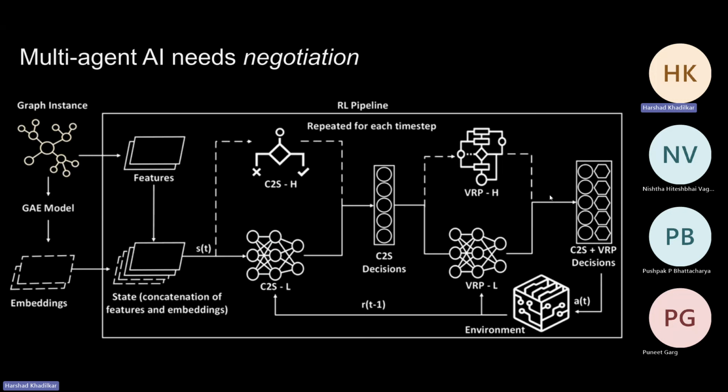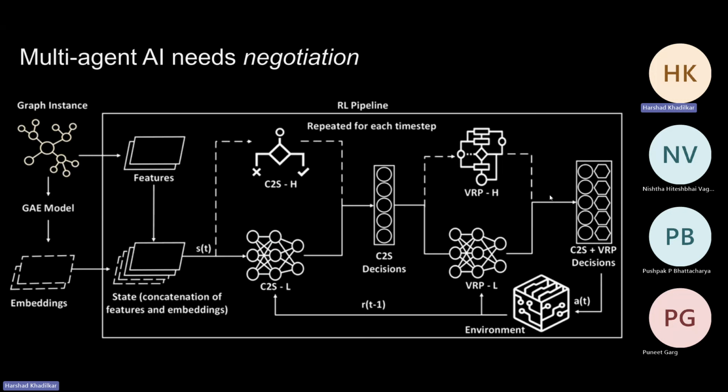That's C2S. So this is cost to serve, which tells you which warehouse serves which location. There is a second version of this graph algorithm, which then decides, based on the subgraph that a particular warehouse is now agreed to deliver the parcels to, how it manages its own fleet. Okay, so the VRP stands for vehicle routing problem.